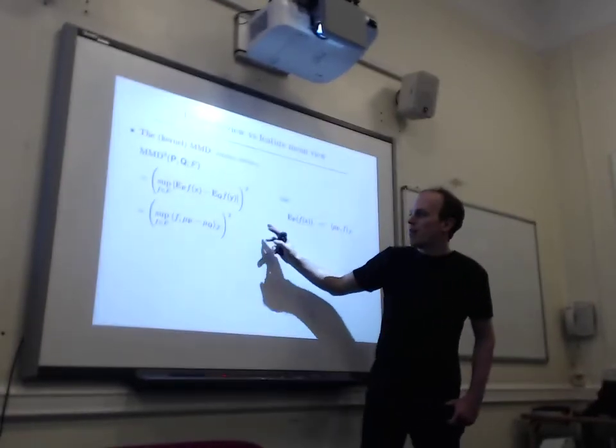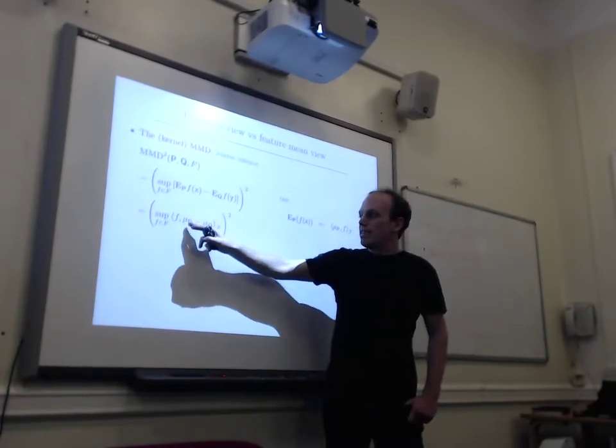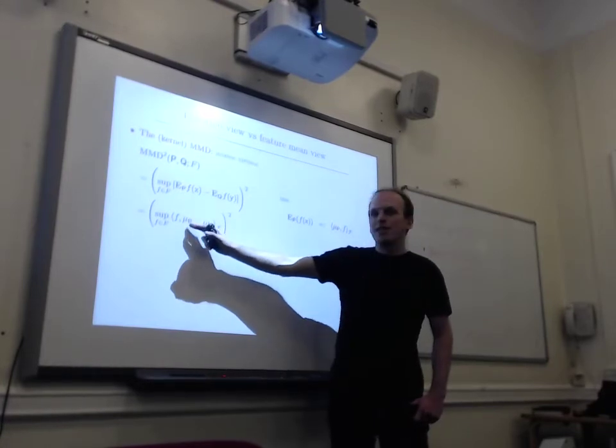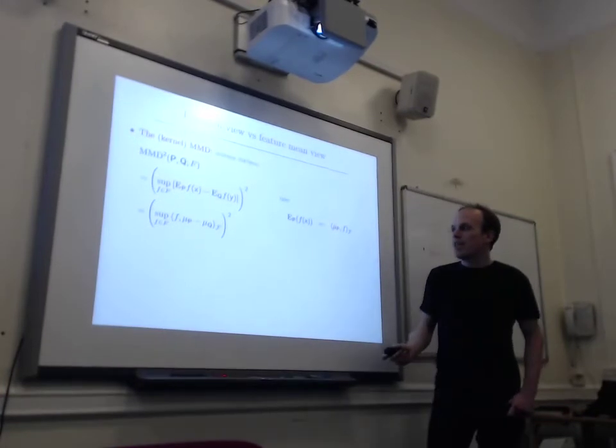So now I've got the inner product of f and the distance between the expectation under P of the feature map and the expectation under Q of the feature map.